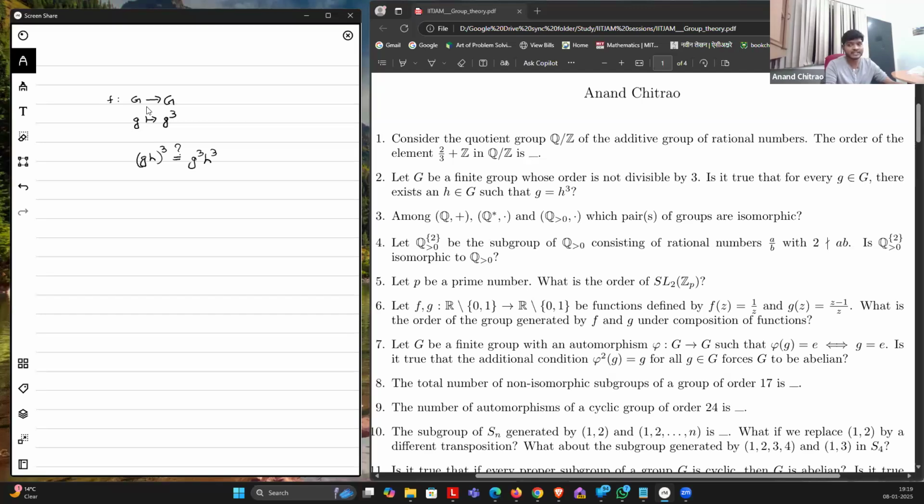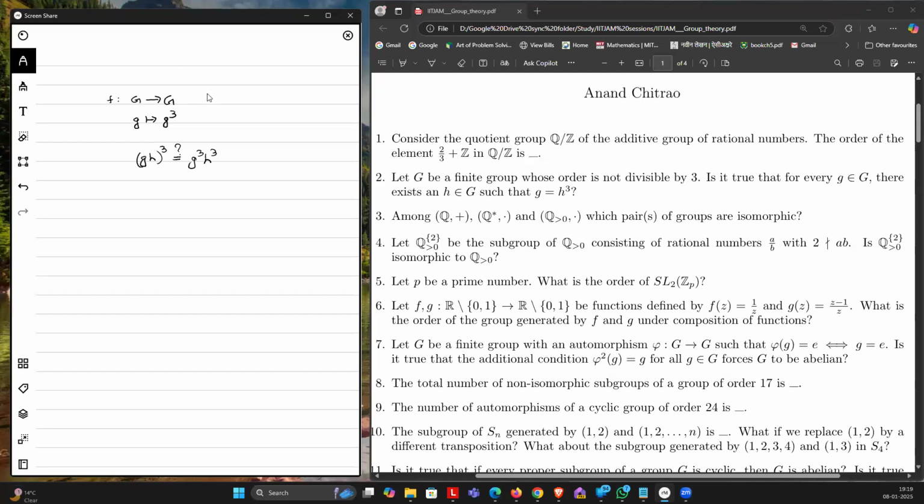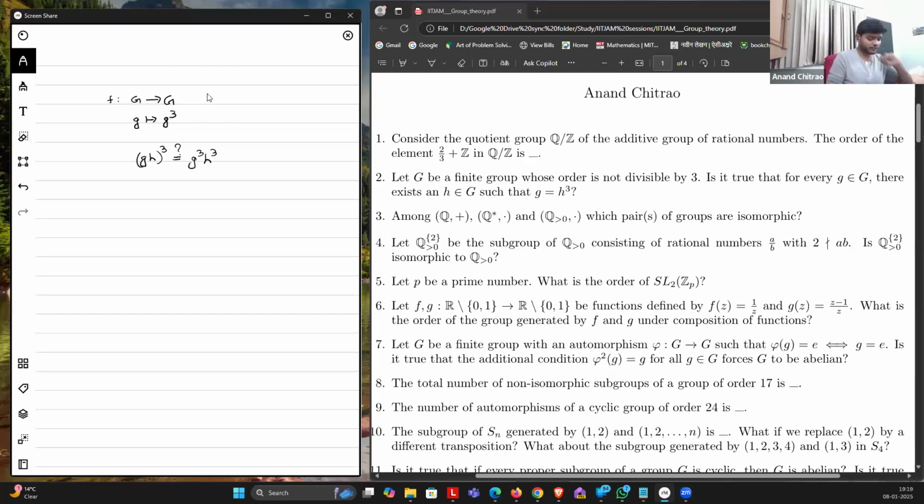Therefore, there cannot be any element of order 3 in G, which means that this map is injective, therefore the map is surjective.